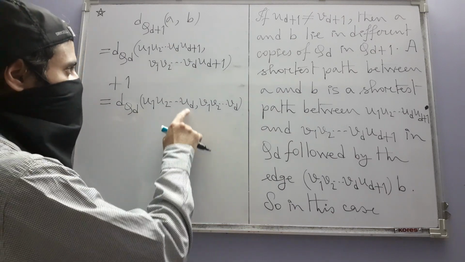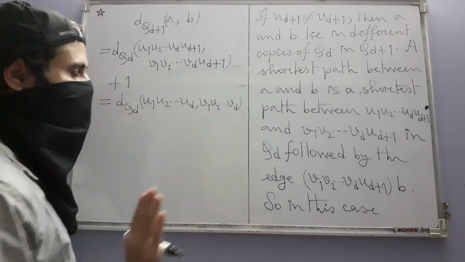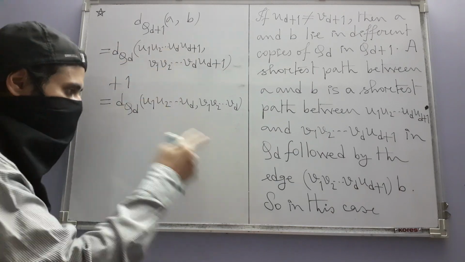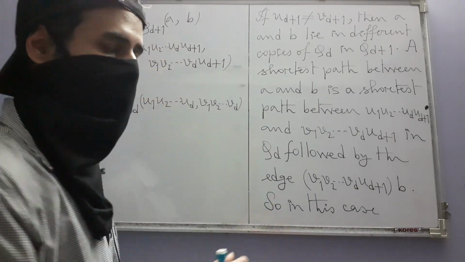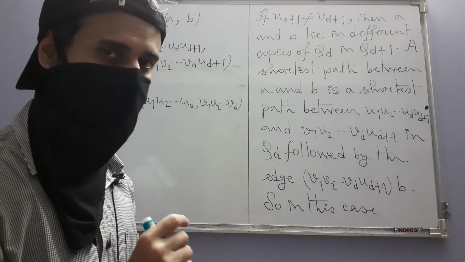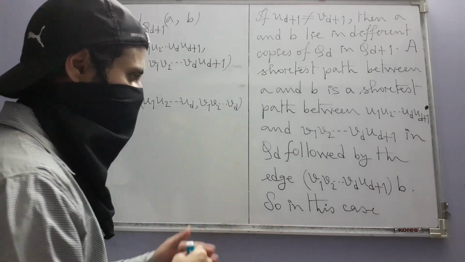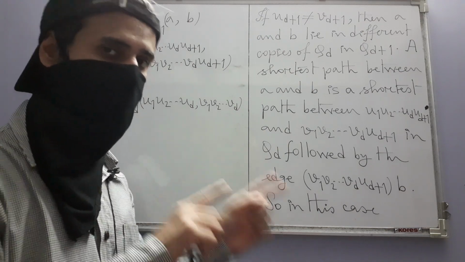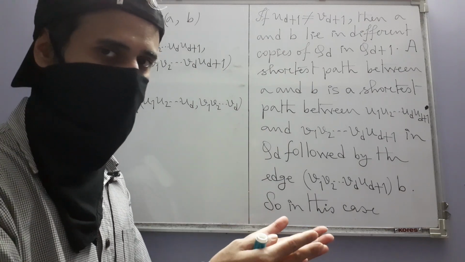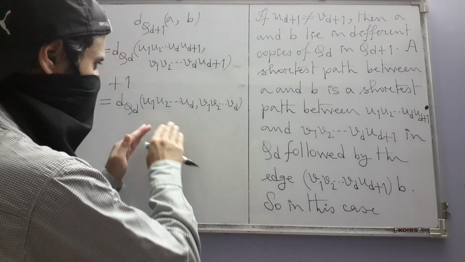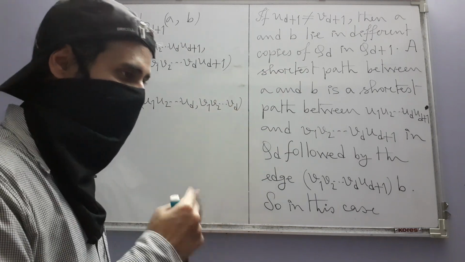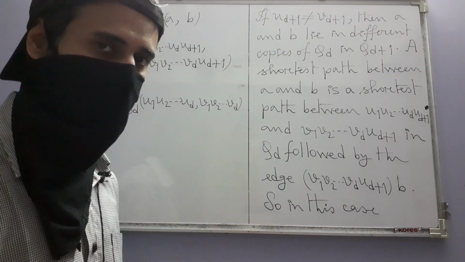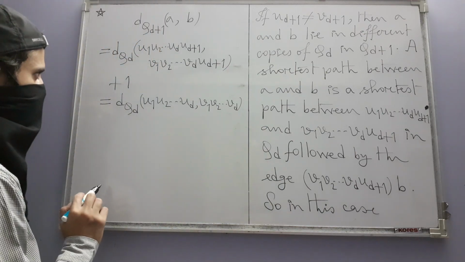Note one thing carefully, that we are not using the formula here. In writing this in place of this, we are using the fact that qd is an induced subgraph in qd plus 1, and that's why the distance between two vertices when treated as two vertices in qd plus 1 but belonging to the same copy of qd is equal to the distance between them when treated as vertices in qd, in that copy of qd. That's why we are able to write this.